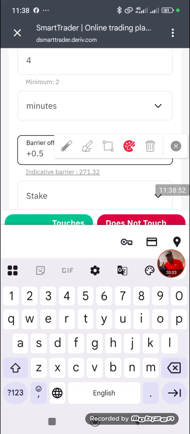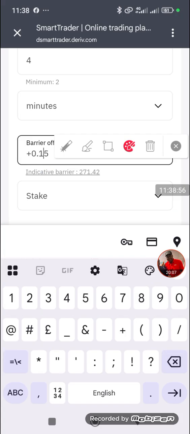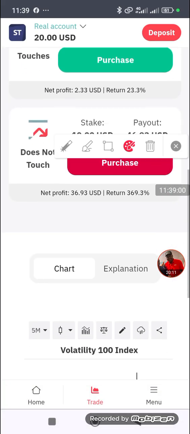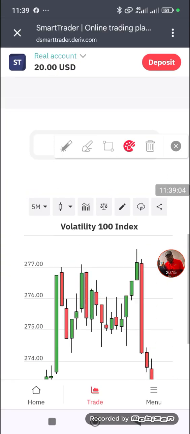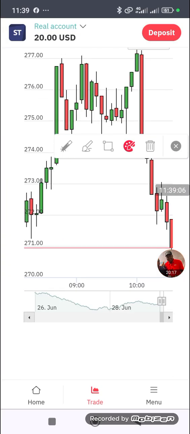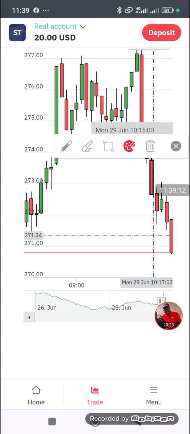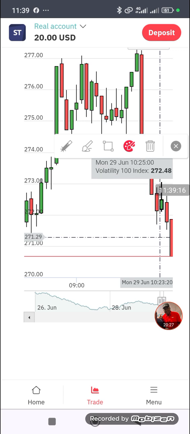So the direction is down. I'm going to change this to minus, and I'm going to wait. I'm going to wait for the price to come back to this place where I put this line.